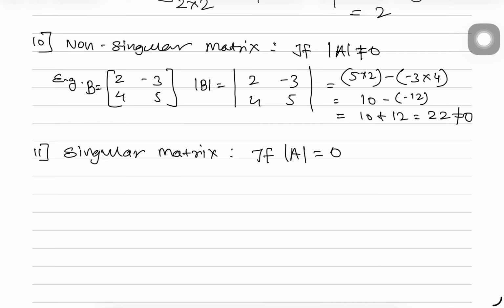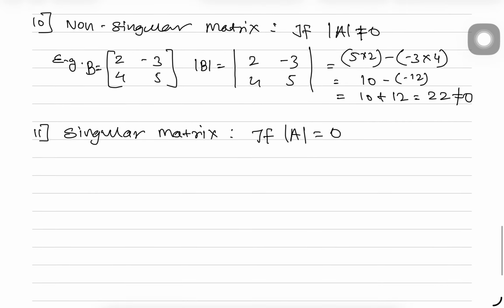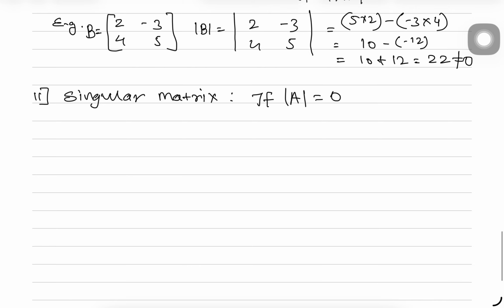So understand this condition of singular and non-singular matrix carefully, because you have to use this as a first step in finding the inverse of the matrix. For the singular matrix, the determinant is equal to 0. Let's say for example A is equal to 2 1, 4 2.